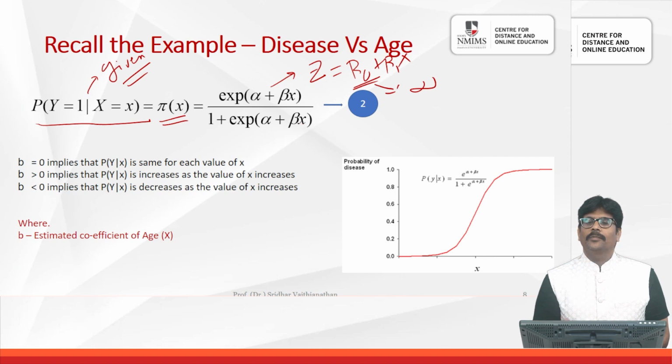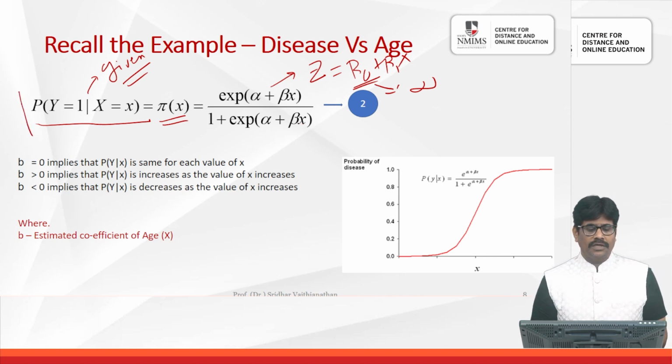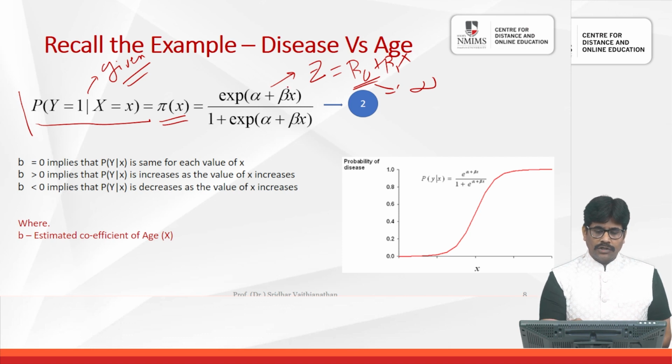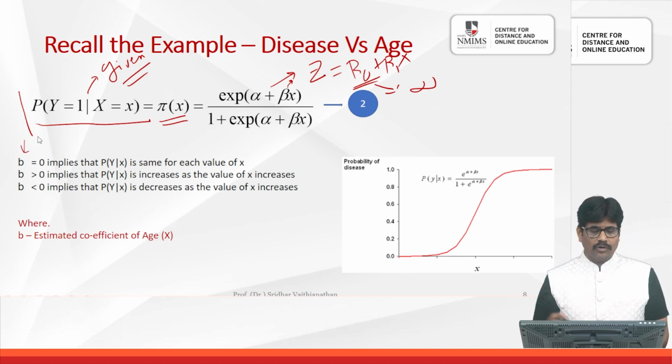How to interpret this? This is the logistic function coefficient. Here b, that is beta, is related to the estimates in the logistic regression model, and we will come to how to estimate. If b is equal to 0, that is the coefficient of x is 0, the probability will remain the same for all values of x, there will be no change in the probability.